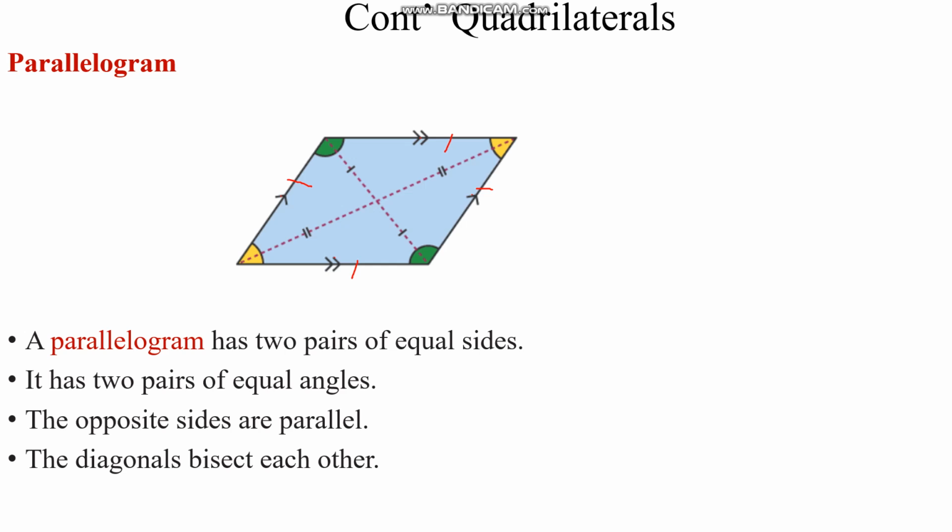You also need to know that the diagonals of a parallelogram bisect each other. So in this case again, the lines in purple are the diagonals, and you need to note that this half of the diagonal is equal to this other half of the diagonal, and this half of the diagonal is equal to this other half of the diagonal.